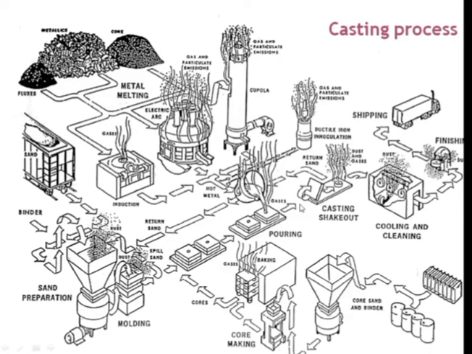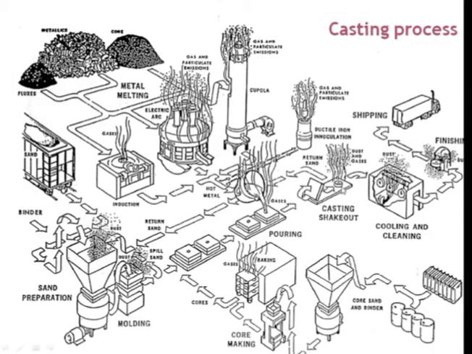In solidification, when it is cooled down or solidified, the casting shakeout process is carried out. During the casting shakeout, the other molding material, or we can say the sand, is removed. So sand is removed and only the casting part which you want to cast comes outside.